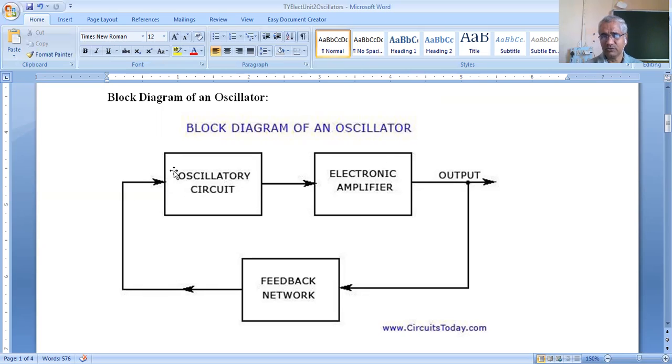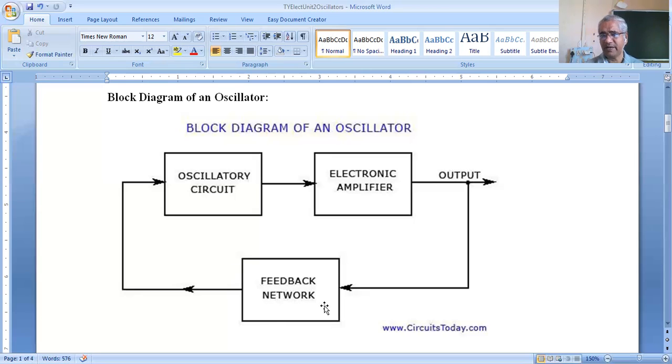These oscillations are then applied to the amplifier circuit. The oscillations produced in the tank circuit are initially very weak. Now they are applied to the amplifier circuit. The amplifier amplifies the oscillations produced in the tank circuit to the desired level, and it is given to the output. But at the same time, some portion of the output is fed back to the oscillator circuit or tank circuit through the feedback network.